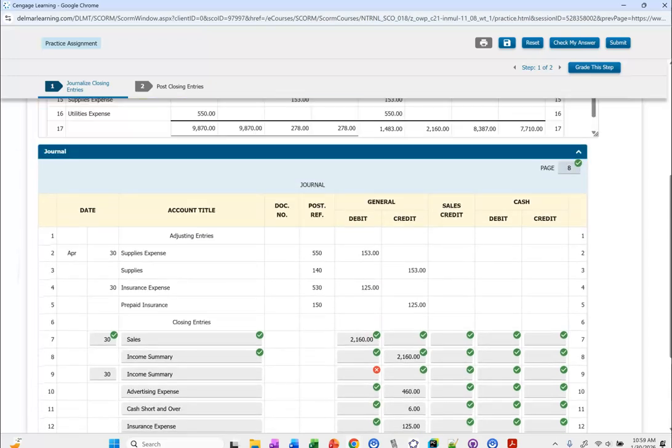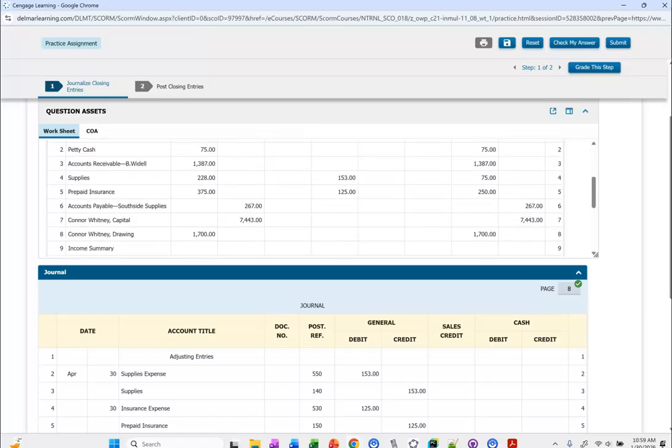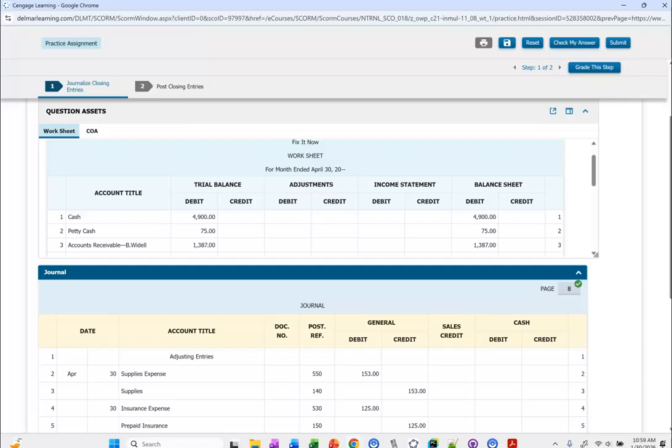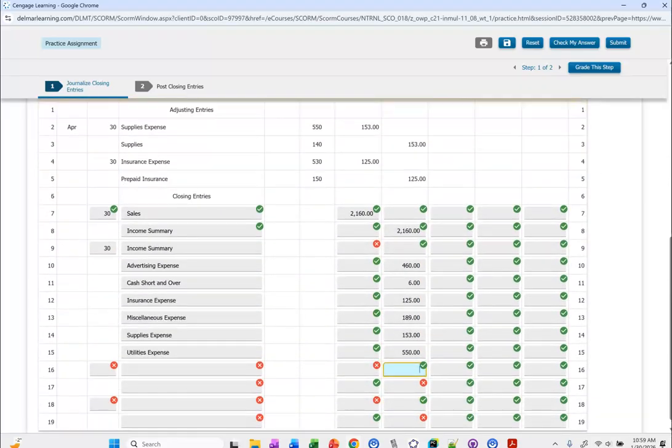I'd also point out to you guys that that is the income statement debit total. Right, the 1483 is that number there. The same thing that we got by adding up all those values.